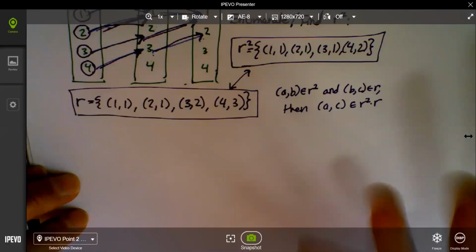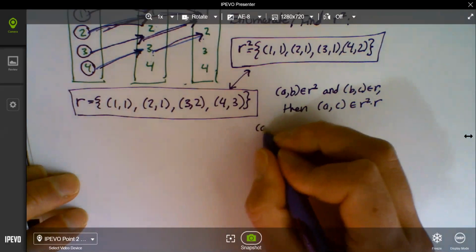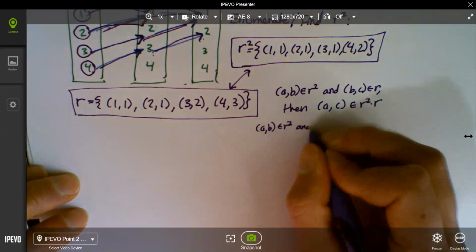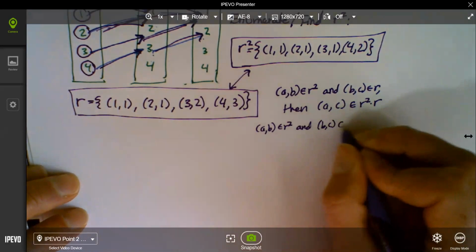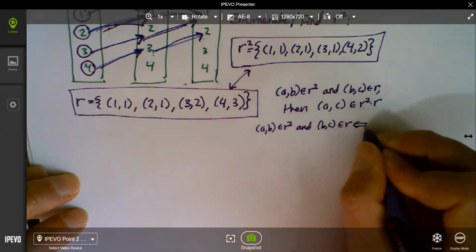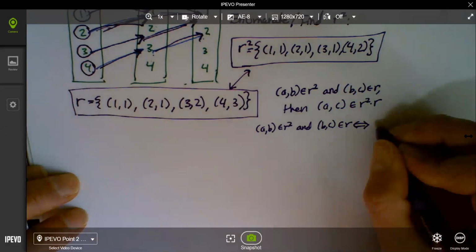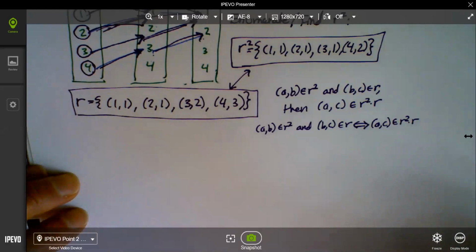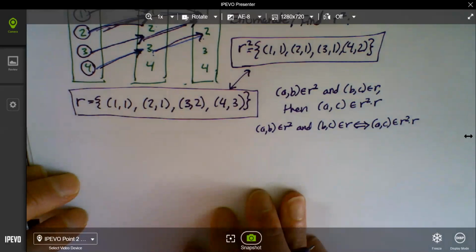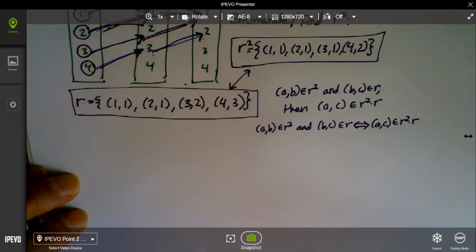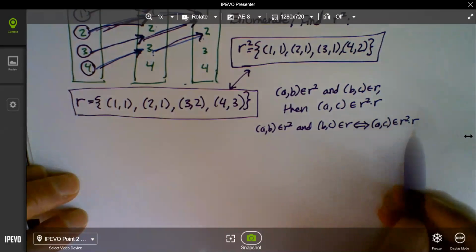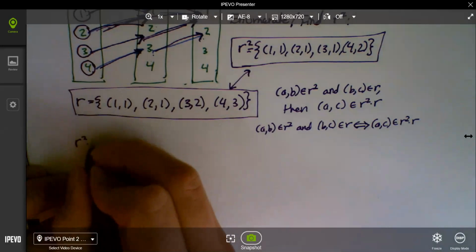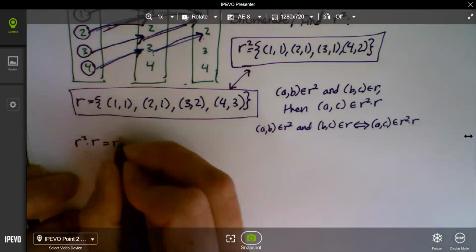So if we wanted to be thorough, we could say (a, b) exists in R squared and (b, c) exists in R if and only if (a, c) exists in R squared composed with R. Now, there's another way to simplify R squared composed with R, and I bet you can guess what that is. It's just R cubed.